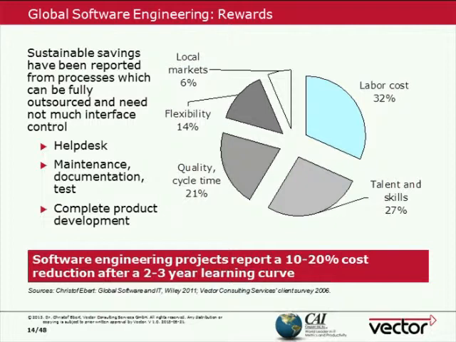A major factor is friction cost or interface cost, which is often overlooked in the initial setup, where companies primarily look to labor cost. And we see at the same time also an increase in labor cost, specifically in Asia.